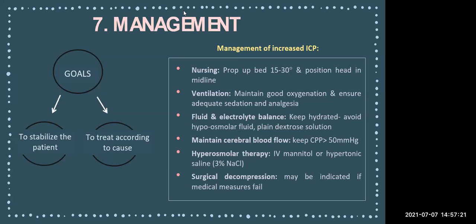So in order to maintain the perfusion of the blood, you have to reduce the brain volume, the edema, by using hyperosmolar therapy. But what else can you do? You can increase the BP, right? By increasing the BP, you increase the CPP.